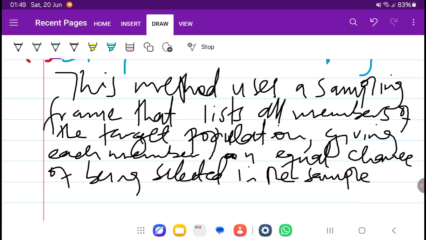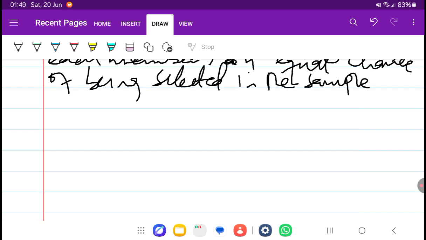Among the cases where we have seen it applied, let's look at the UNBS, the Uganda National Bureau of Standards.